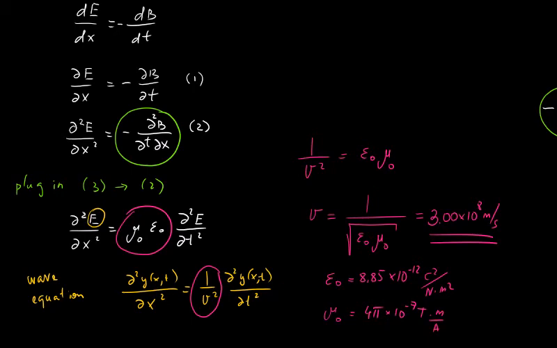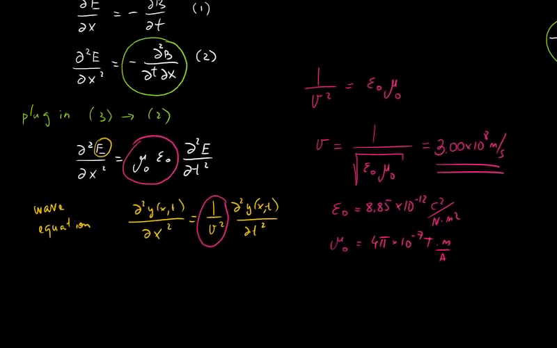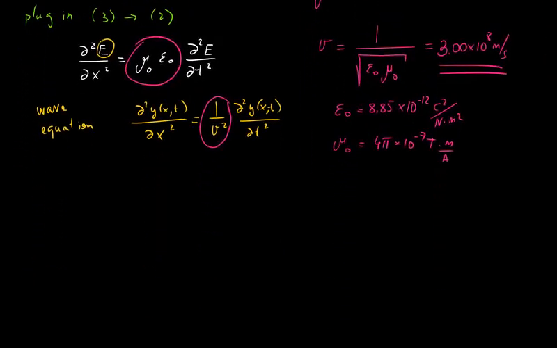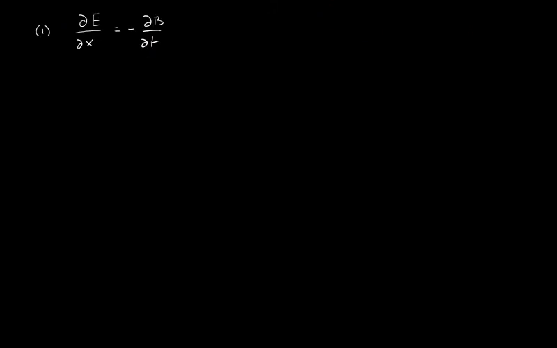Now let's take a look at equation 1 and see what we can get out of that. If we take the derivative of the sinusoidal function that we defined in the beginning, d/dx of E naught cosine(kx minus omega t), we end up with negative k E naught sine(kx minus omega t).